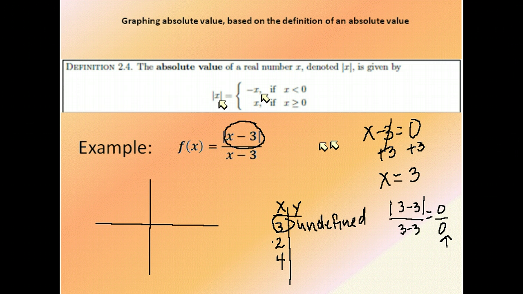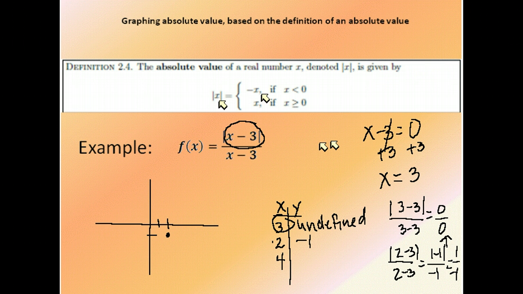Let's put 2 in there and see what happens. If we put 2 in for x, I get the absolute value of negative 1 over negative 1. The absolute value of negative 1 is 1, over negative 1 would be negative 1. So I know the point (2, -1) is on my graph. Okay?